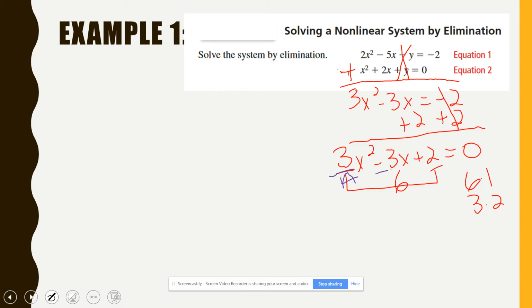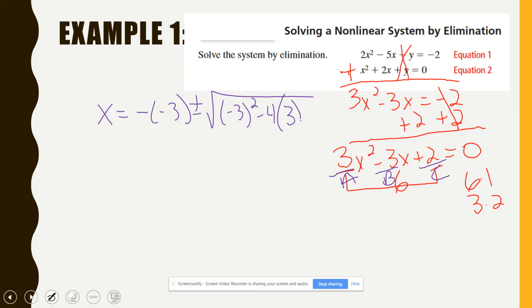All right, not factorable. That's okay. Still solvable. I'm going to go ahead and use my quadratic formula. I've labeled my A, B, and C. So I have x is equal to -b plus or minus the square root of b squared minus 4ac all over 2a.